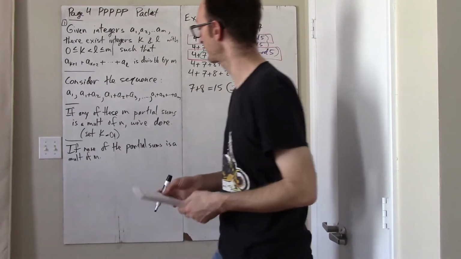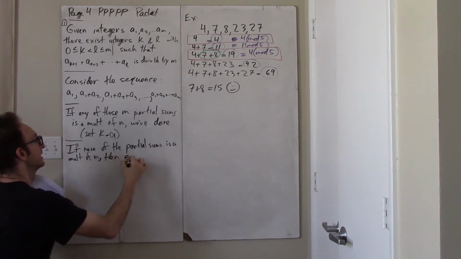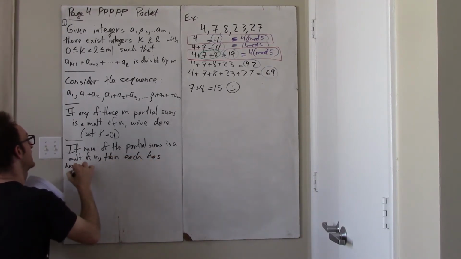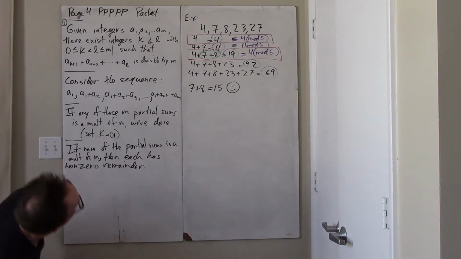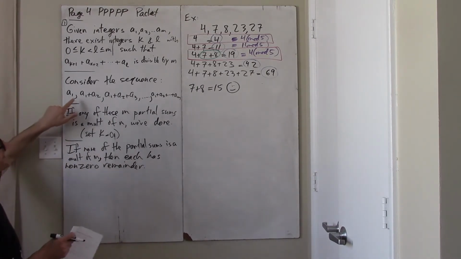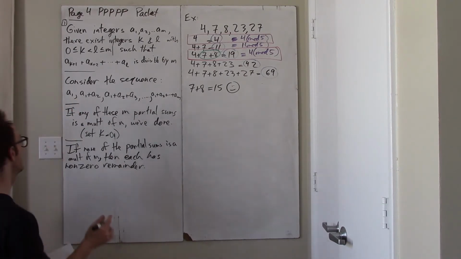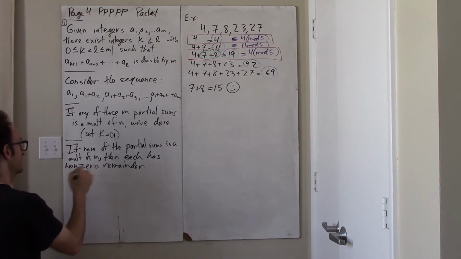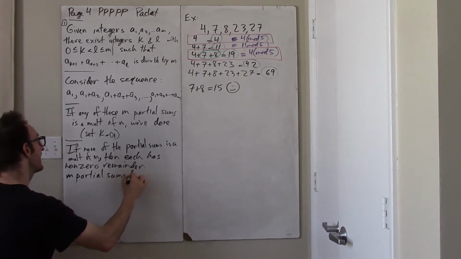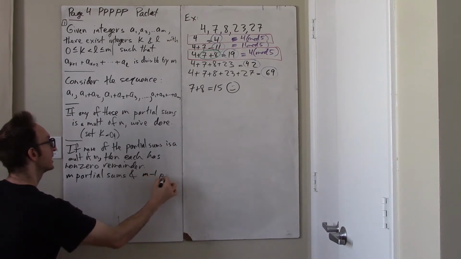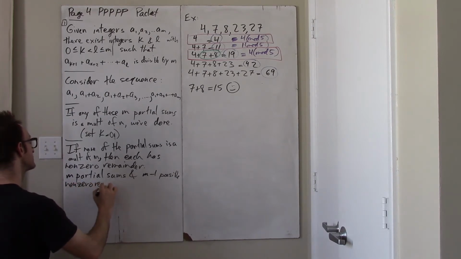Then each has non-zero remainder when you divide by M. But then there are, in fact, M partial sums and only M minus 1 possible non-zero remainders. So that's exactly what we said over there, right? We have M partial sums, and M minus 1 possible non-zero remainders.